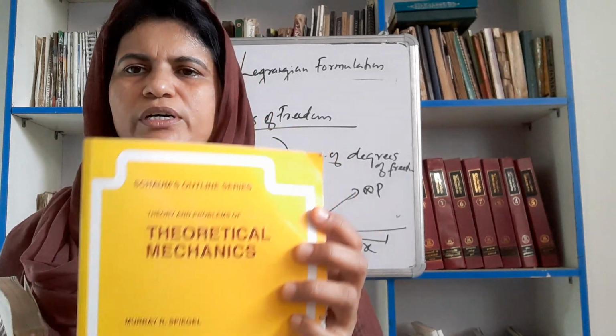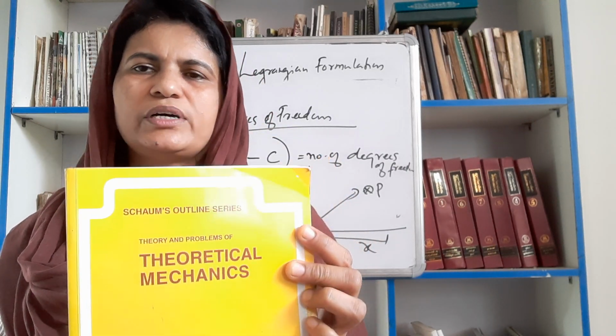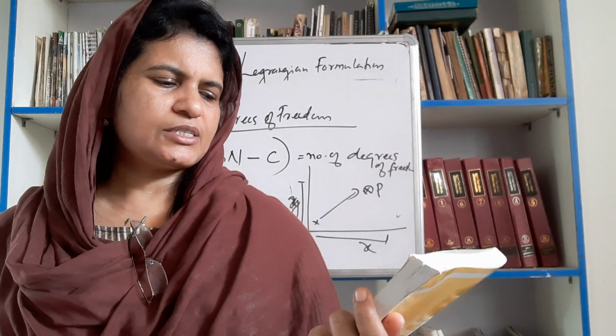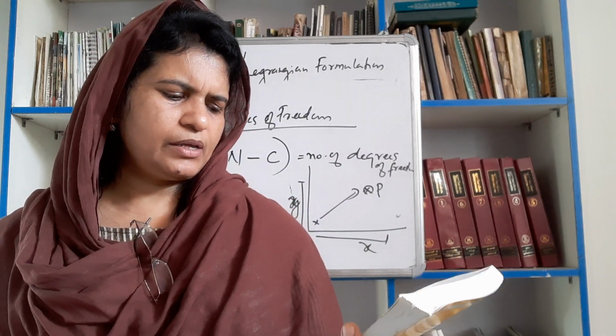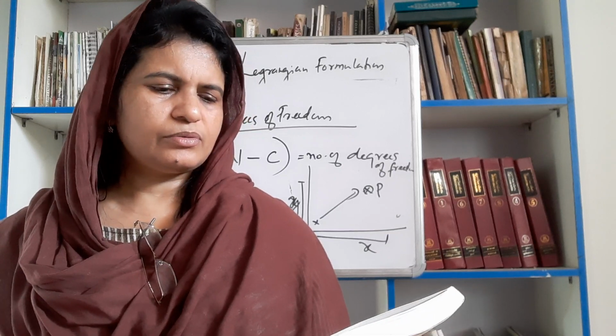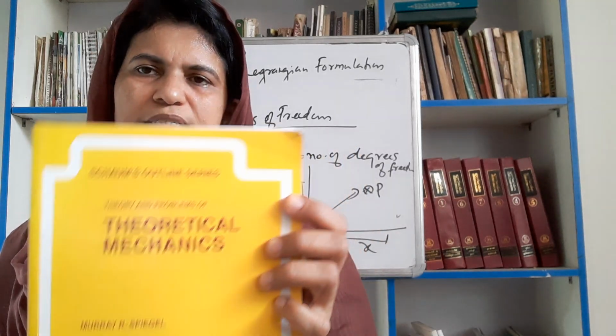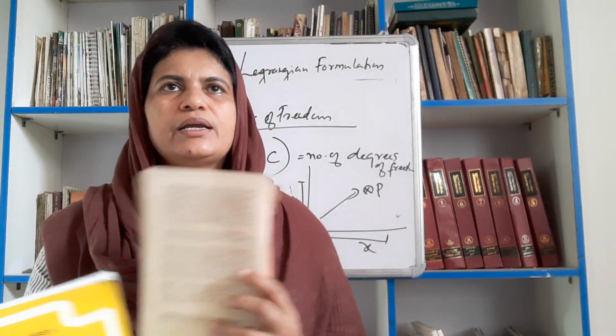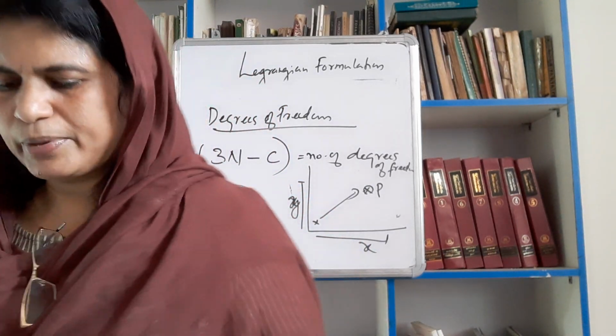I have one book. If anybody of you wants this book, I will give it for reference. This textbook's name is Theoretical Mechanics from Schaum's series. This is a series, and this is one book from that. And all other books are in the library.